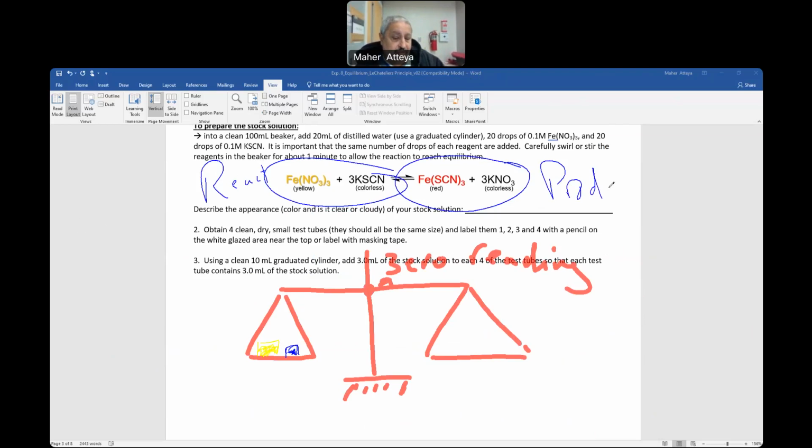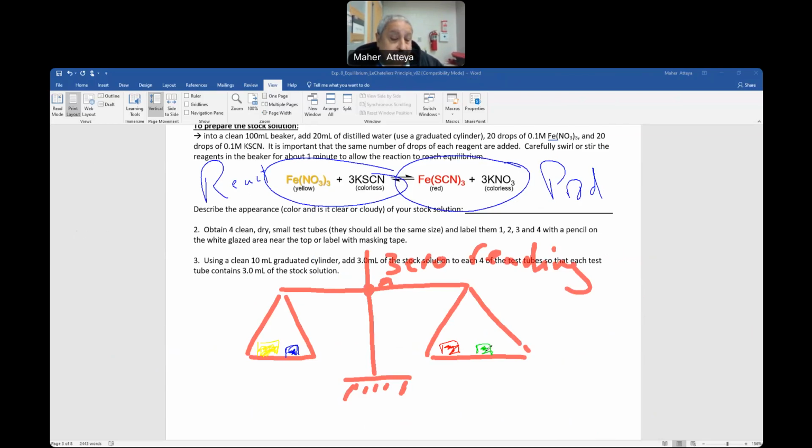Okay, guys. So here we have the red. Of the product, the red, and we have this colorless potassium nitrate, correct?